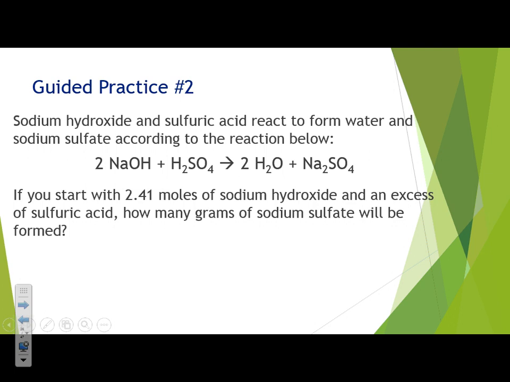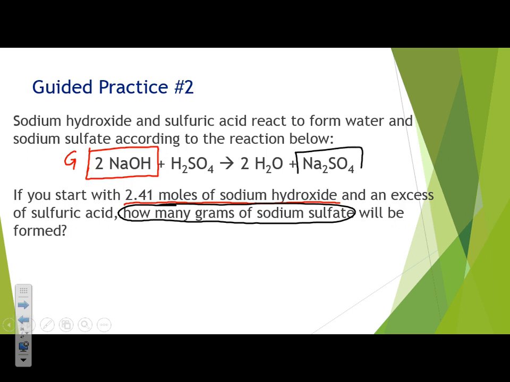So in this problem, our given number and unit is 2.41 moles of sodium hydroxide. Well, that's here on our reactant side. This then is our given. The problem is asking for how many grams of sodium sulfate, which is here. So this is our question mark.